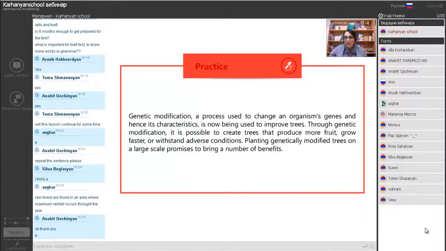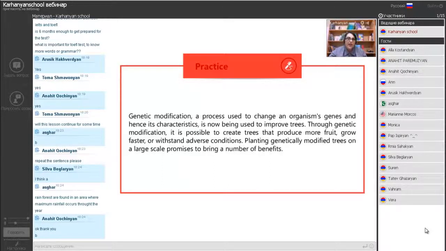Read this small passage and tell with a sentence what is the main idea, the most important part of it. I can give you 2 minutes, okay? Not more.